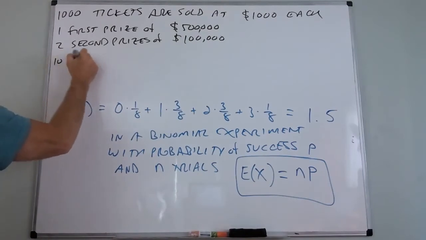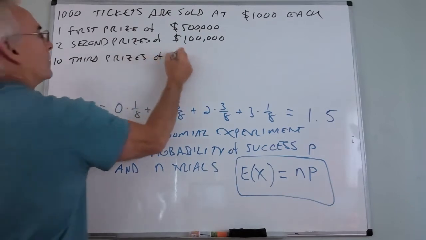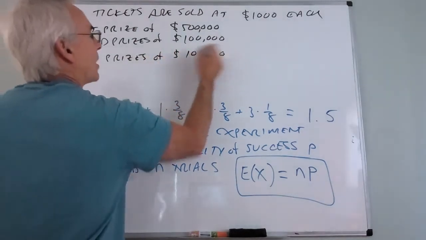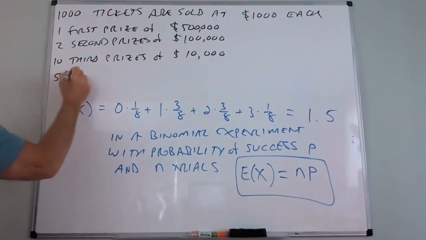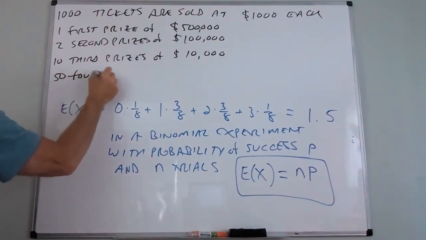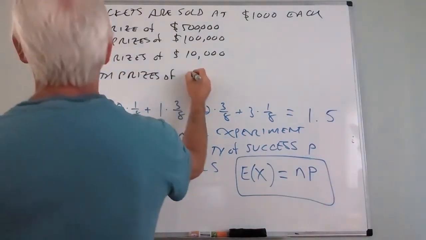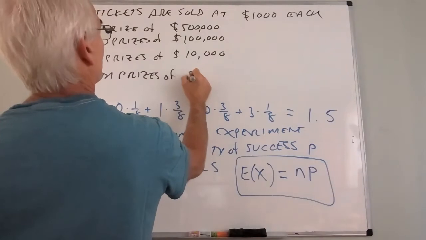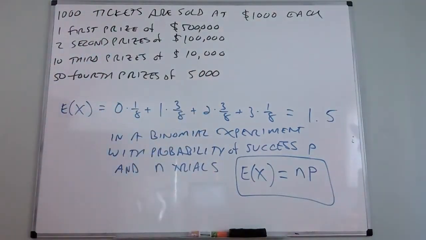There are 10 third prizes of $10,000. And there are going to be, let's say, 50 fourth prizes of how about $5,000. So there's a lot of people that are going to win, and there's a lot of people that are going to win a lot of money.